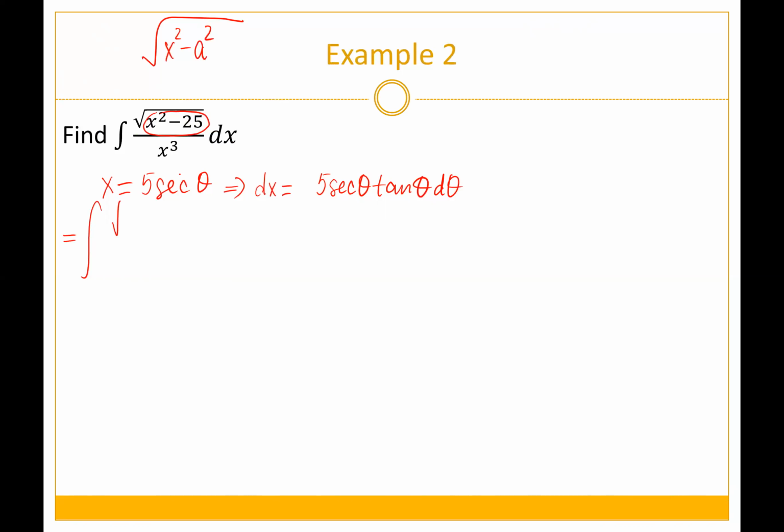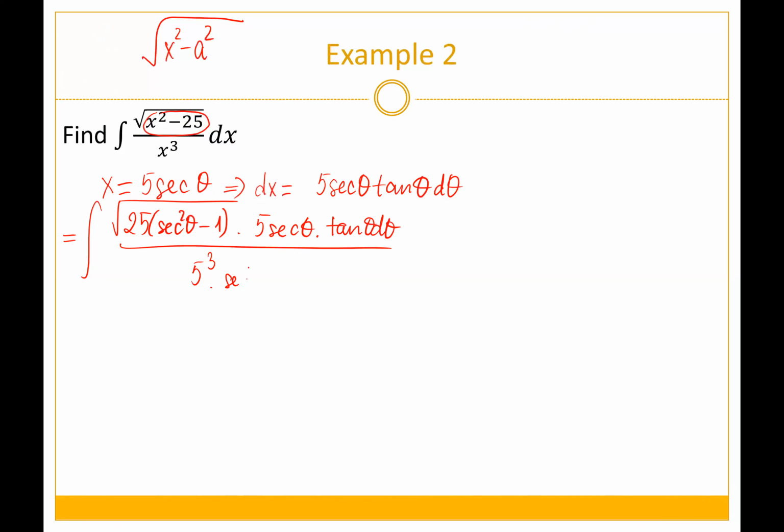The integral is the square root of 25 secant squared minus 1, with dx being 5 secant theta tangent theta d theta, divided by 5 cubed secant cubed.